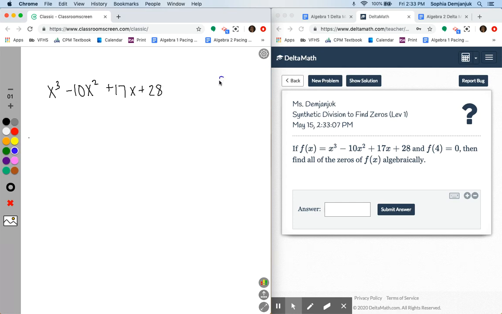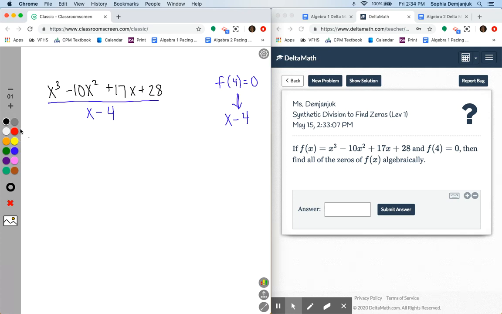And over to the side, if f of 4 equals 0, that's implying that x minus 4 is a factor. So you just do the opposite of whatever's inside your parentheses. So we're going to be dividing this by x minus 4.